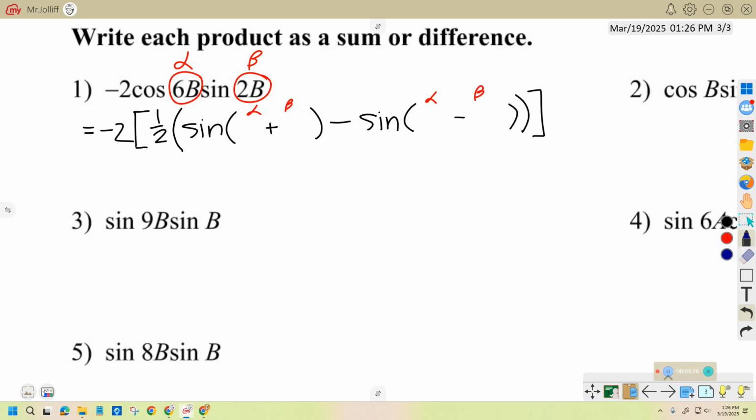And all I've done is I've taken this chunk here and replaced it with the formula from the book. Nothing fancy. Direct substitution. The book says those two things are equal. I can replace cos times sine with 1/2 sine minus sine.